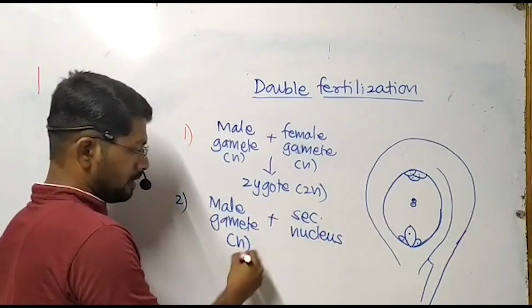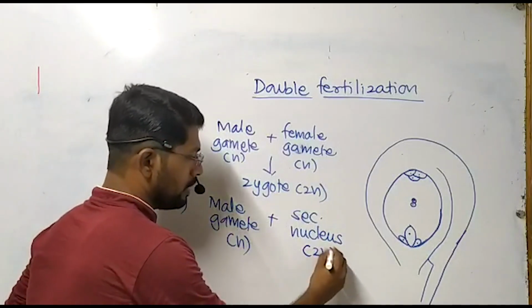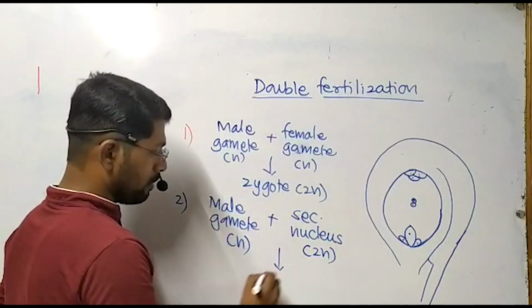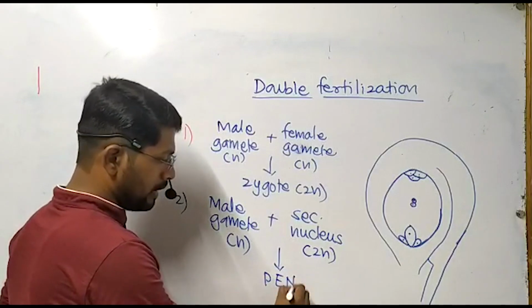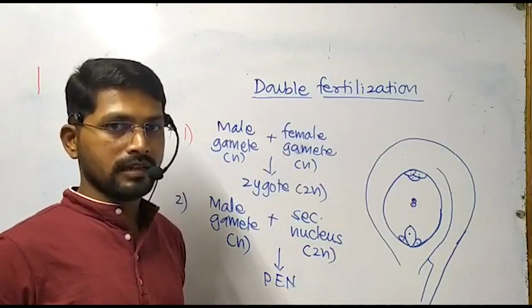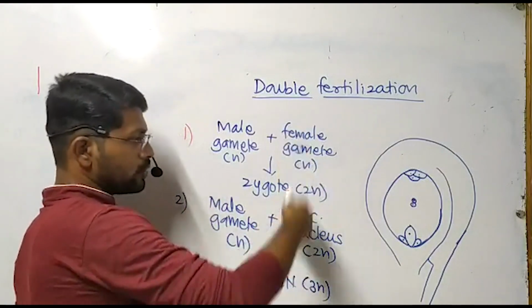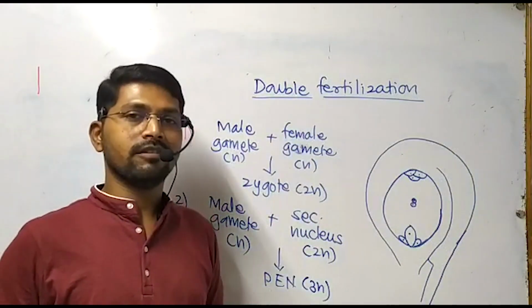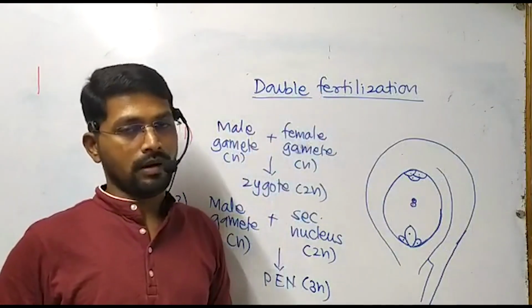A male gamete is haploid. The secondary nucleus, you have already studied, is diploid. The product of fusion is triploid, and it is called the primary endosperm nucleus, abbreviated as PEN. It is triploid. So such two steps are seen in angiosperms during their fertilization, and therefore the fertilization is called double fertilization.